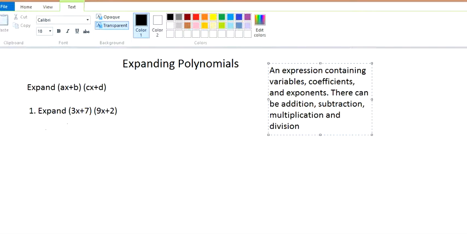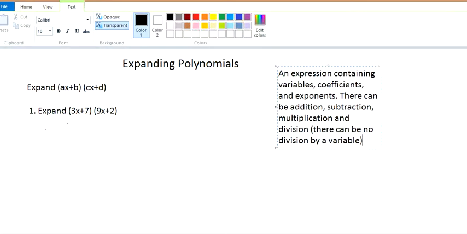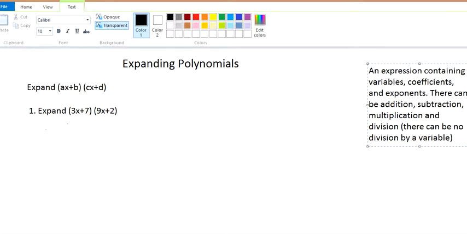However, there is one exception. There can be no division by a variable. So that is a polynomial, and today we'll just be working on expanding.